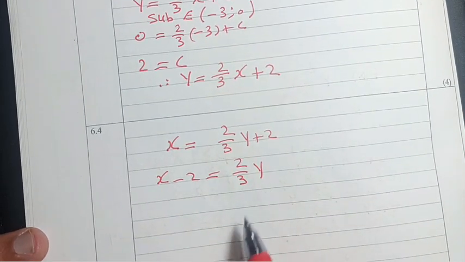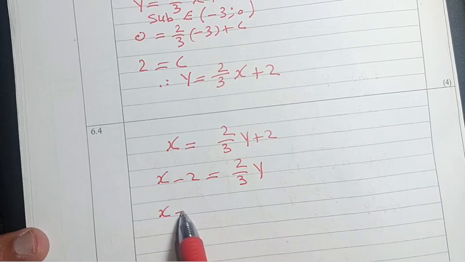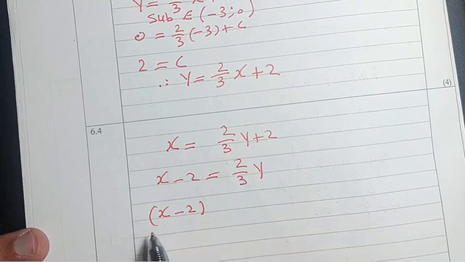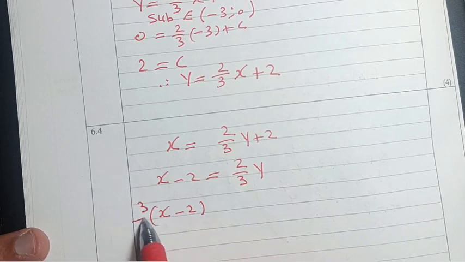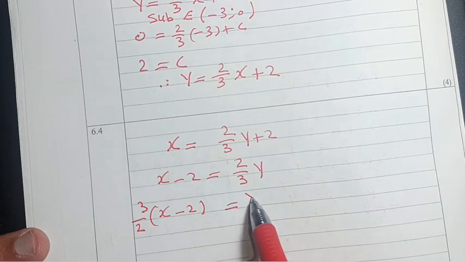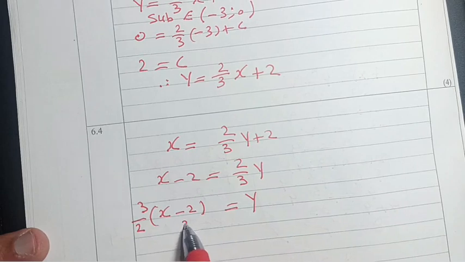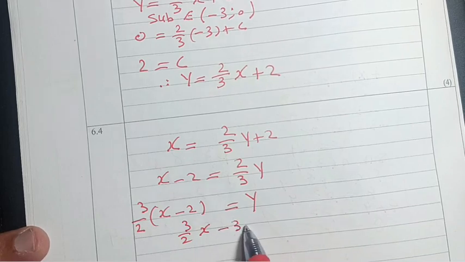Now when I switch over this 2 over 3, it will become 3 over 2. So that's going to be y now. Now this 3 over 2 multiplied by x becomes 3 over 2x. Now 3 over 2 multiplied with the -2 becomes -3, is equal to y.